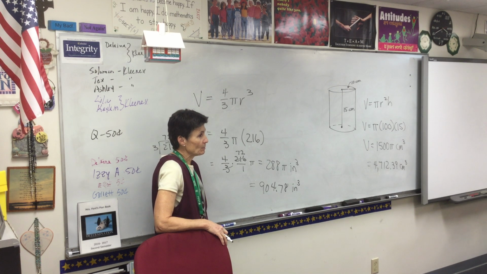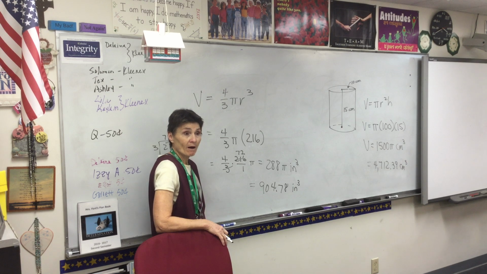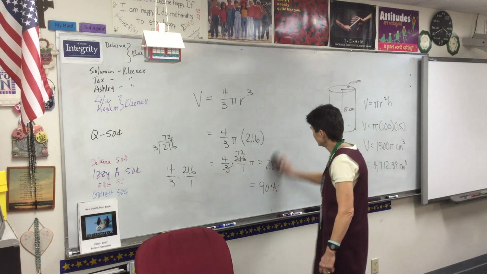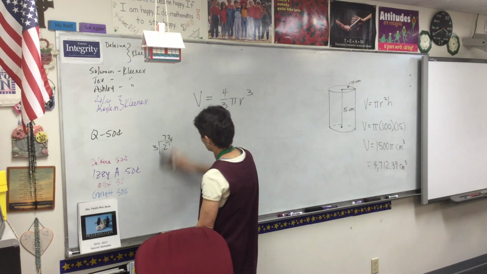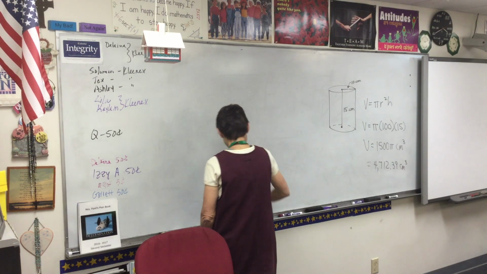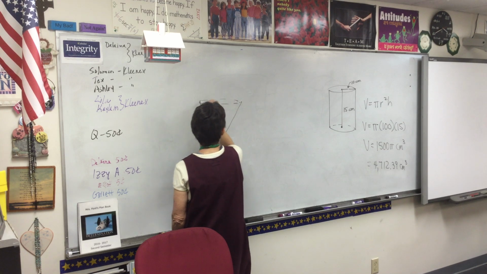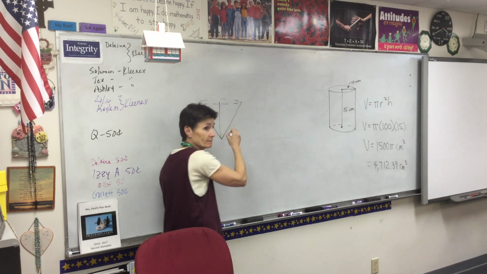Now we have kind of a tricky one. We have an ice cream cone. And you're gonna find the volume of the whole thing, the whole ice cream cone. So what is that going to involve? You're gonna have to find the volume of the cone itself, right?